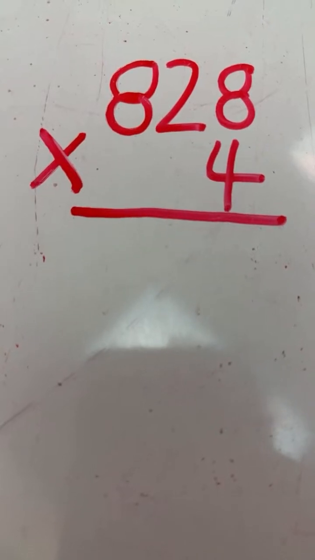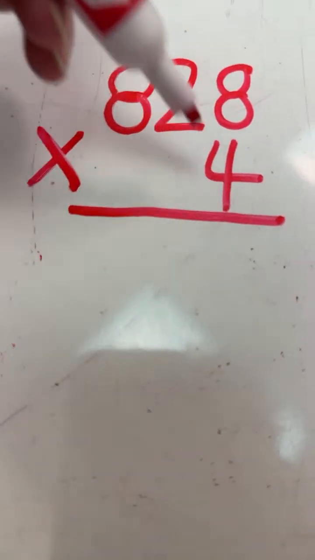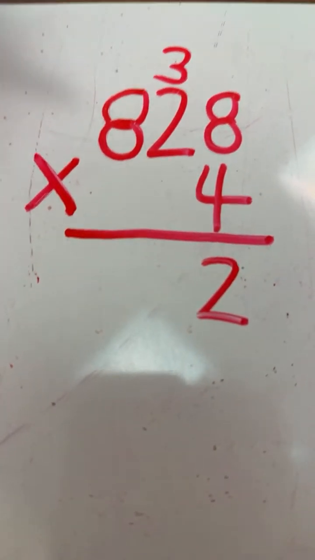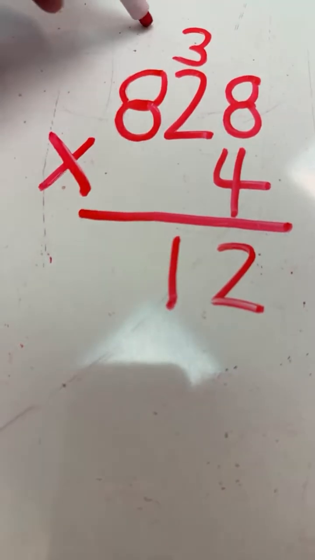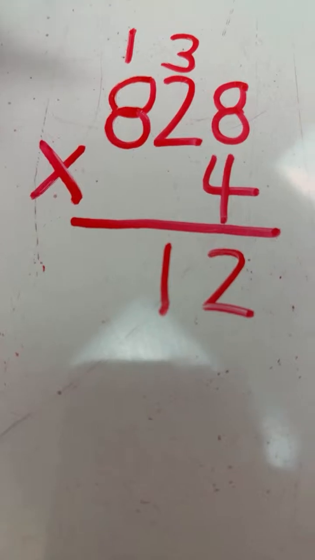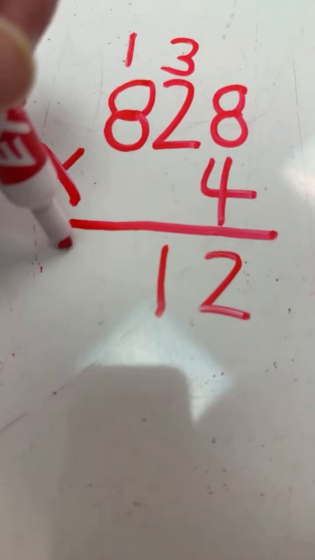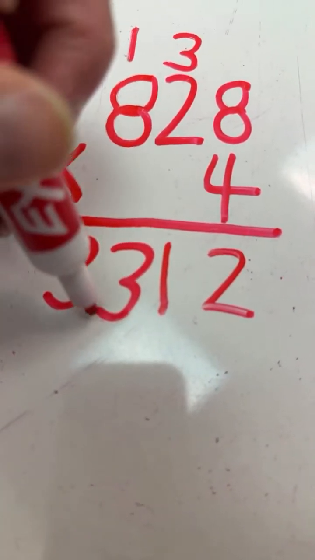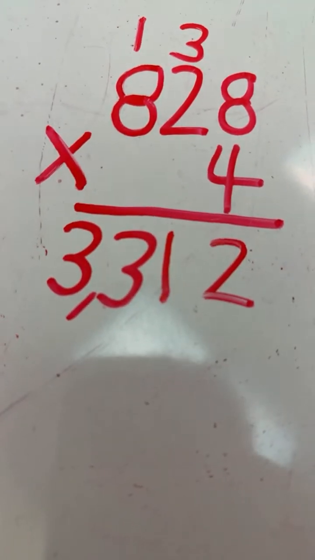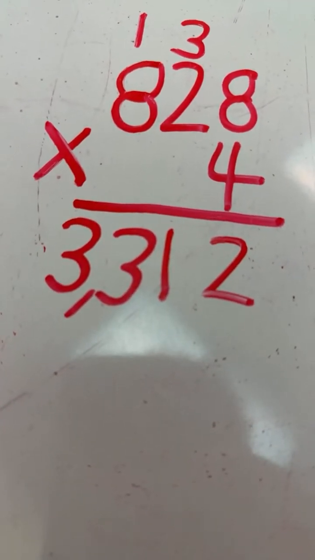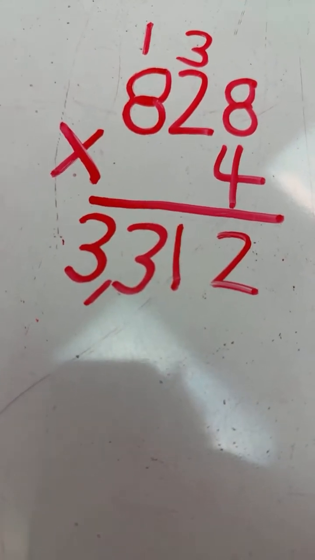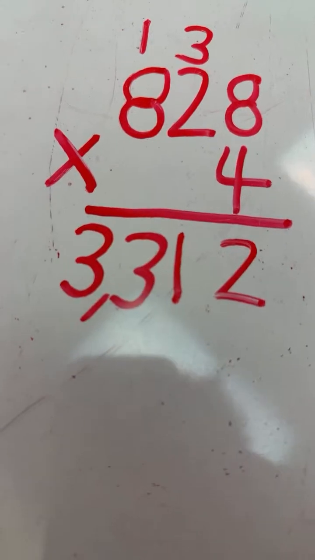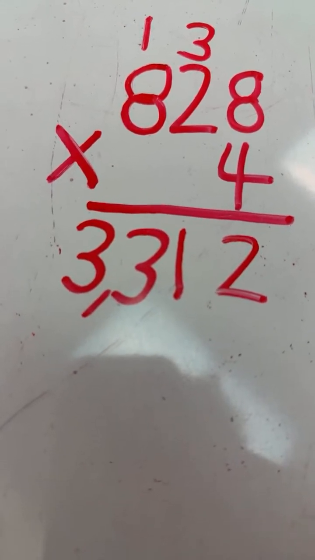So we start in the ones place. 8 times 4 equals 32. 2, carry the 3. 2 times 4 equals 8, plus 3 equals 11. 1, carry the 1. 8 times 4 again equals 32, plus 1 equals 33. And we have our final answer. 828 times 4 equals 3,312. All right, be sure to tune in for what will probably be the final example problem of the video.